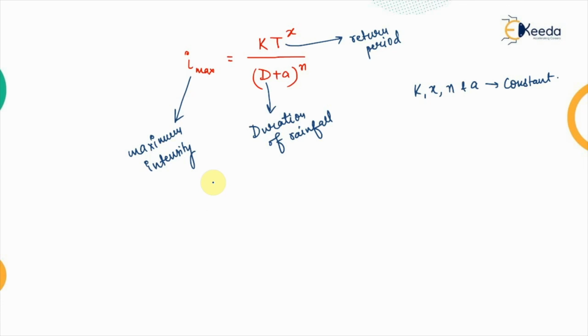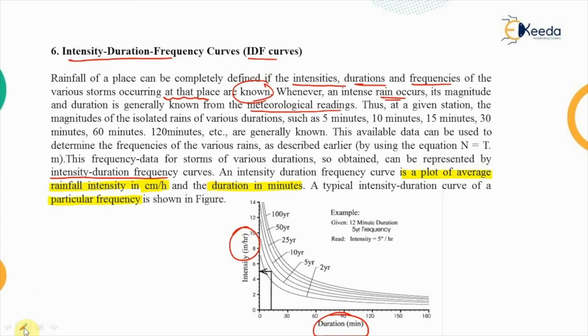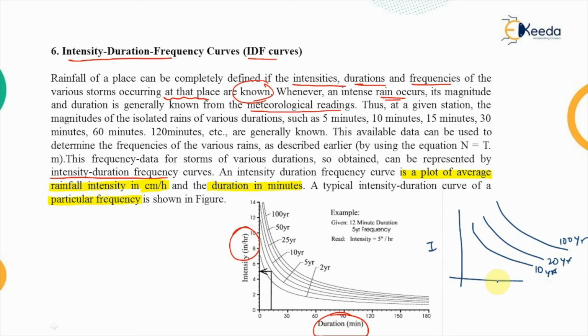The curves that we get for the intensity duration frequency plots are concave curves. As the return period increases, for example for 10 years, for 20 years, let's say this one is for 100 years, this will be the plot between the intensity and the duration.